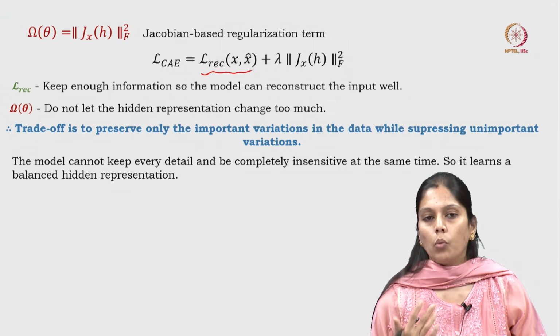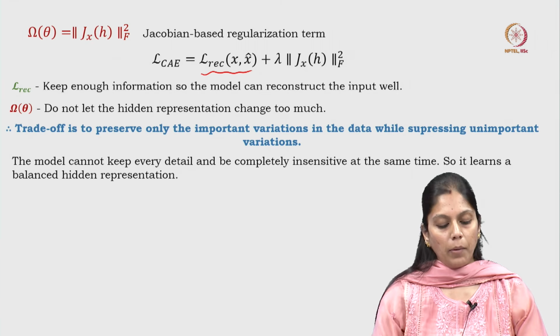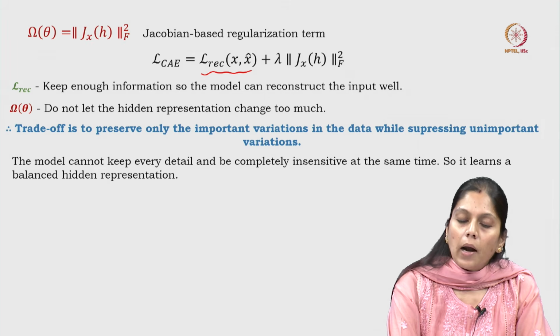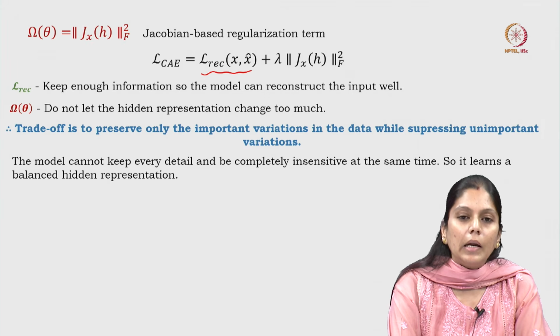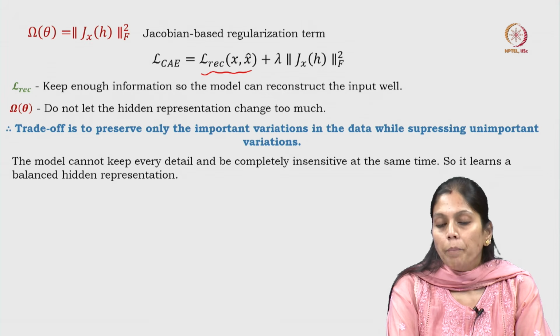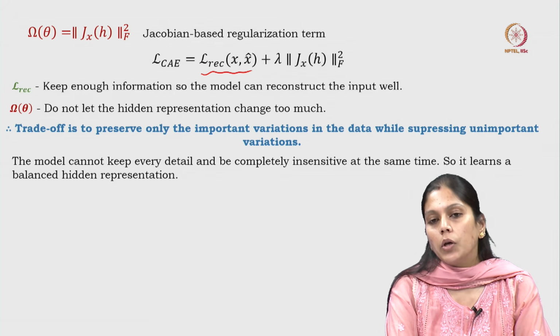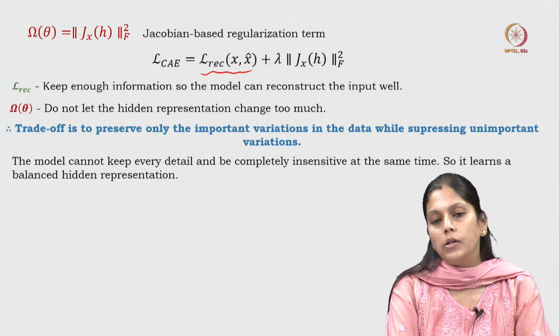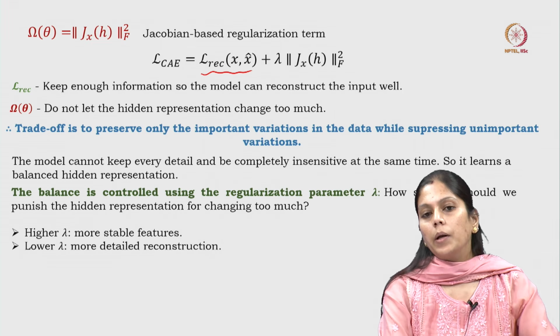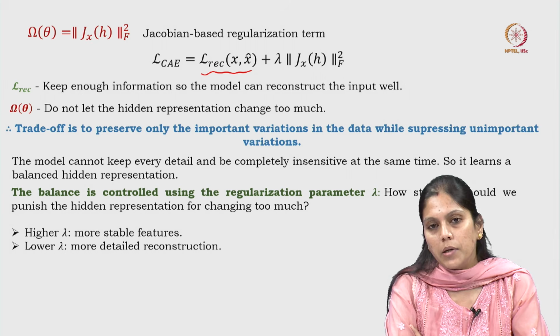So, therefore, what exactly is the model's problem? It cannot keep every detailed piece of information. At the same time, it cannot be completely insensitive, right? Therefore, the hidden representation should learn a balanced one. How is that balance achieved? By using a regularization parameter lambda.